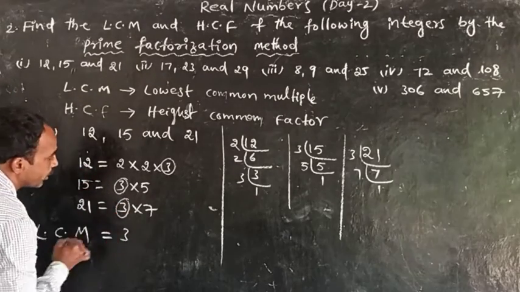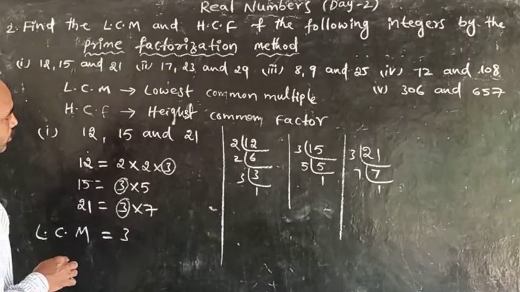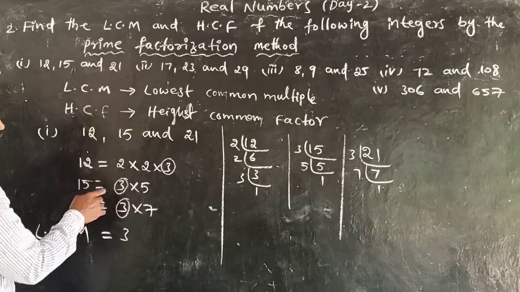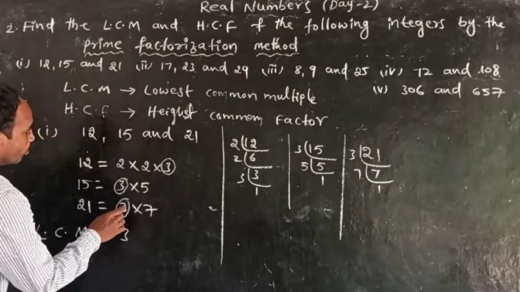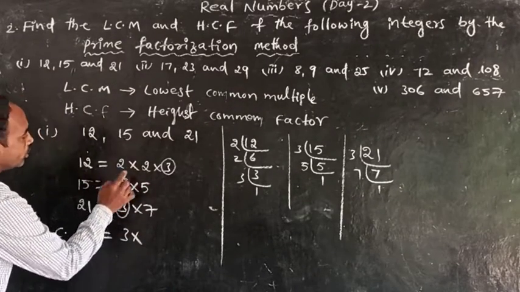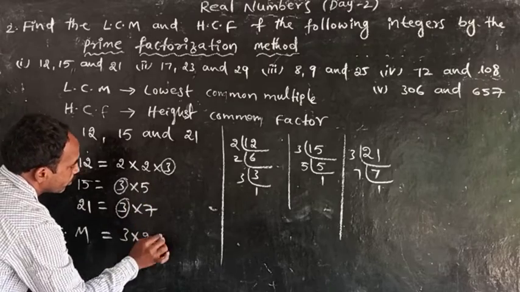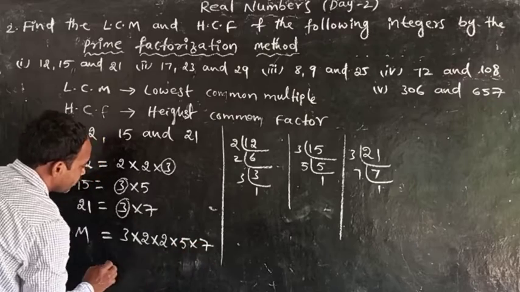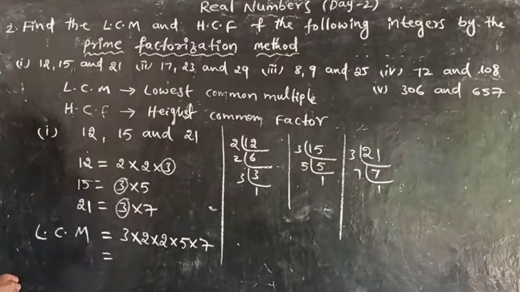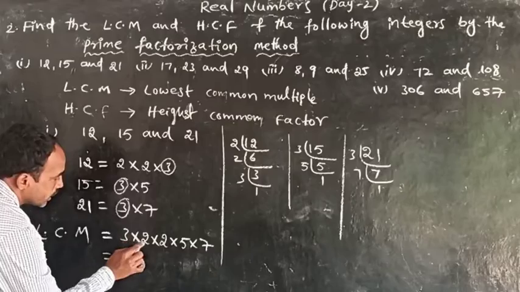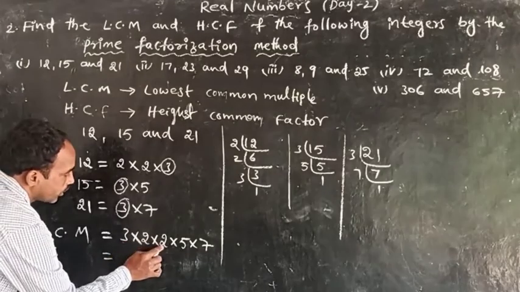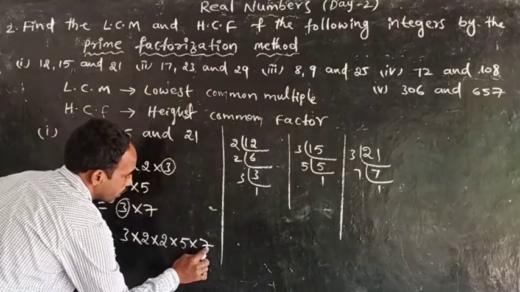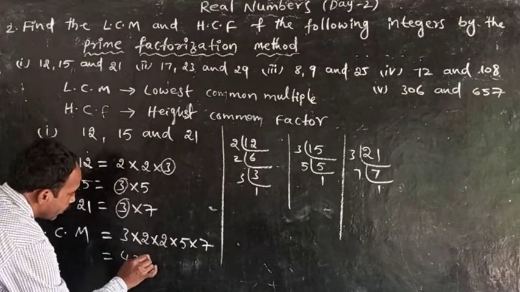We write 3 one time. There are no other common factors remaining, so we multiply all the remaining numbers: 2 into 2 into 5 into 7. 3 twos are 6, 6 twos are 12, 12 fives are 60, 60 sevens are 420.